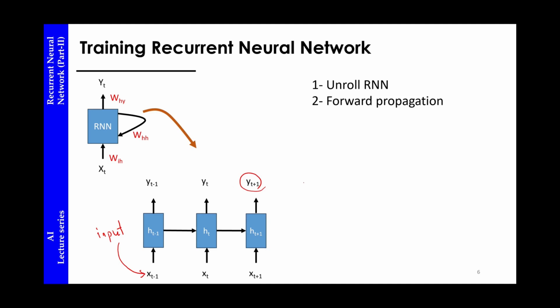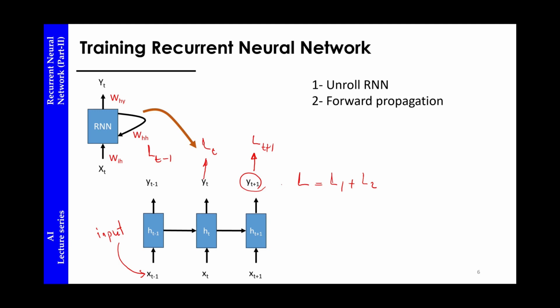And finally, we will calculate one loss. This loss will be the summation of the losses, because we will have one loss from here, one loss for YT, and for the other outputs also.